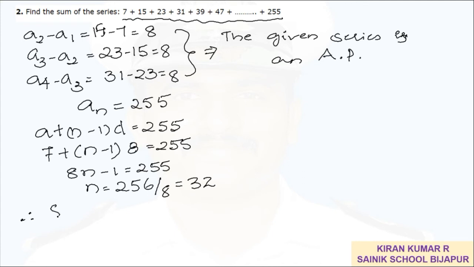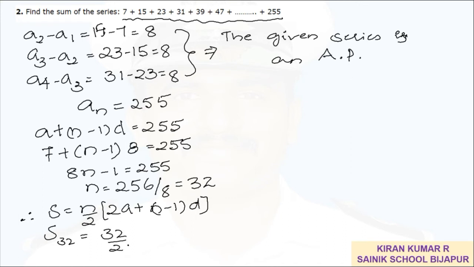Therefore, the sum is n by 2 times 2a plus n minus 1 into d. So the sum of 32 terms is 32 divided by 2 times 2a, nothing but 14, plus n minus 1, which is 31, multiplied by 8.